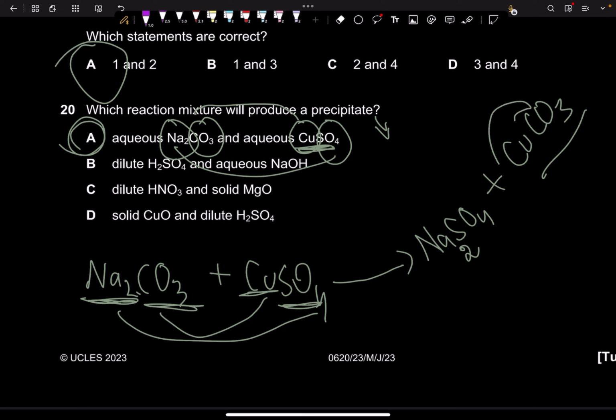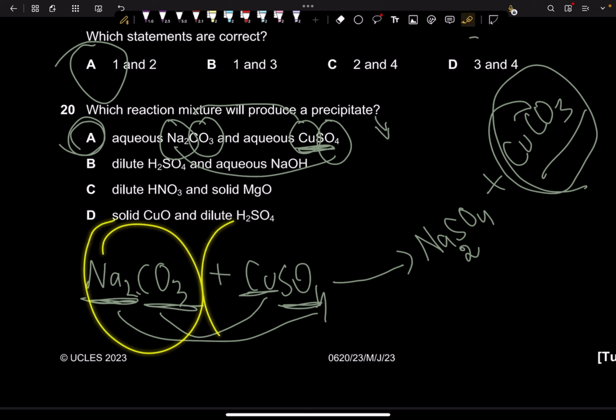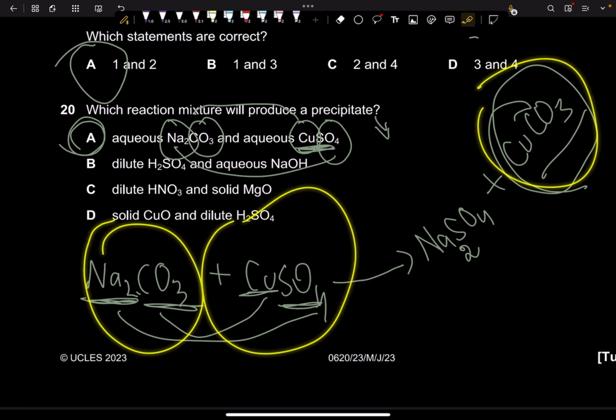So copper carbonate is going to be insoluble. We had two soluble salts, and we formed an insoluble. That's going to be option A, and this is going to be a precipitate.